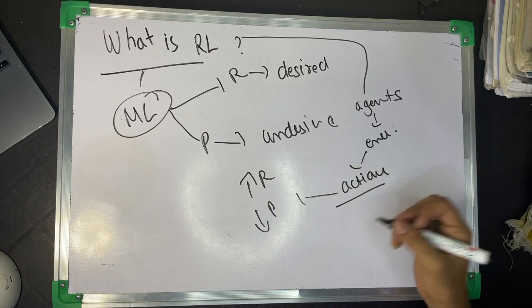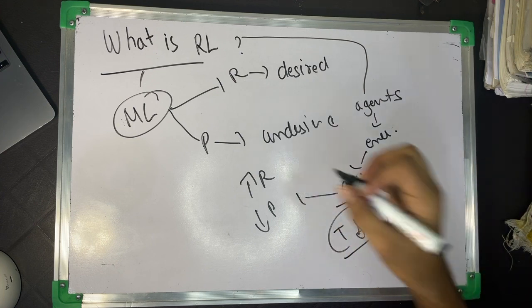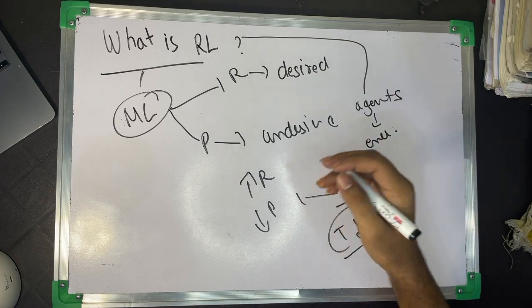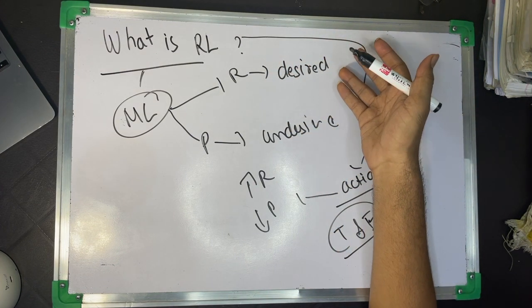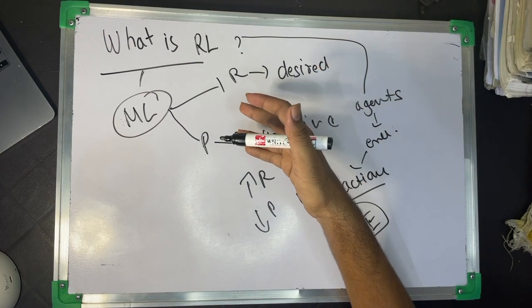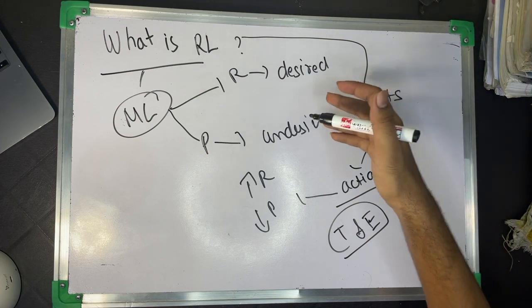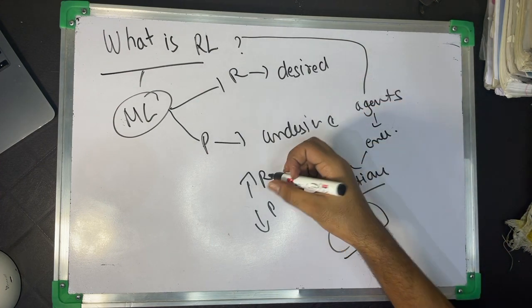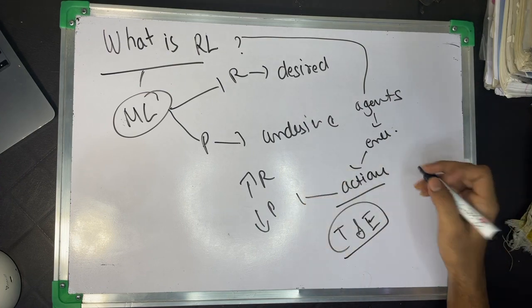So they learn through the trial and error method. This whole structure is what reinforcement learning is, where an agent gets a reward when he takes desired actions and gets punishment when he takes undesired actions, and he learns from the undesired actions and tries to maximize the reward and minimize the punishment.